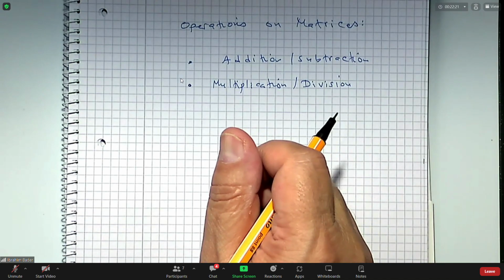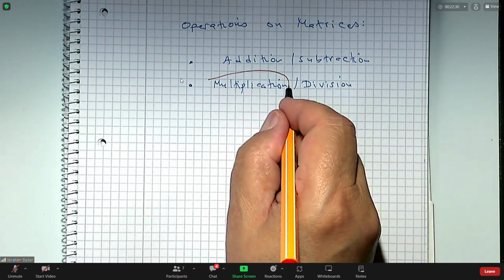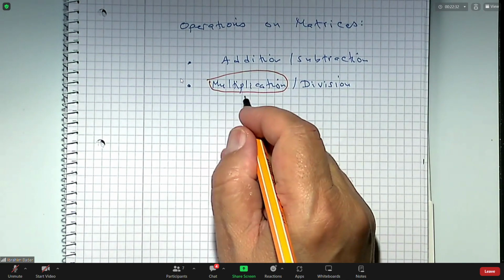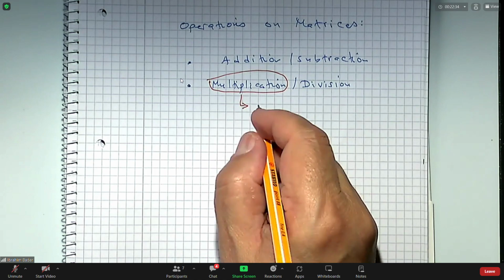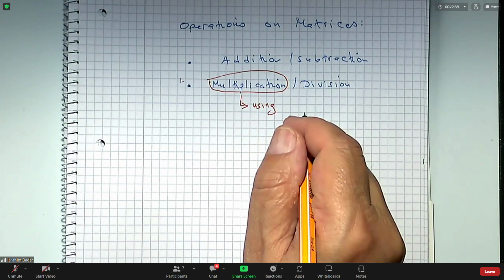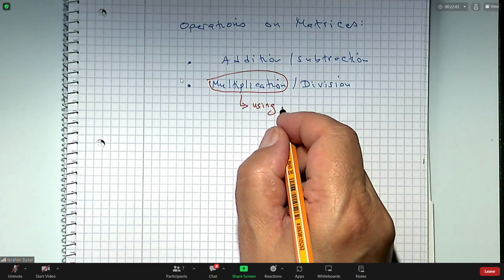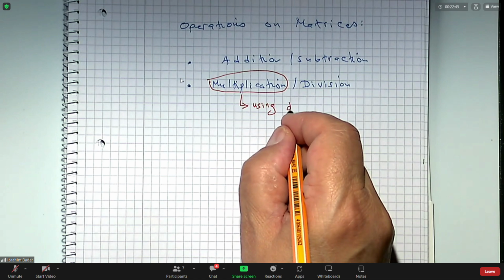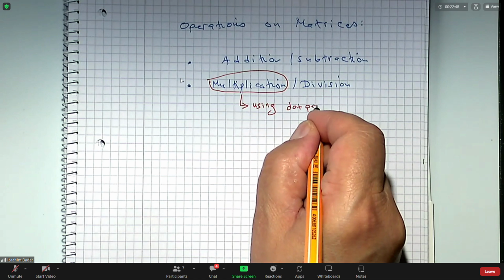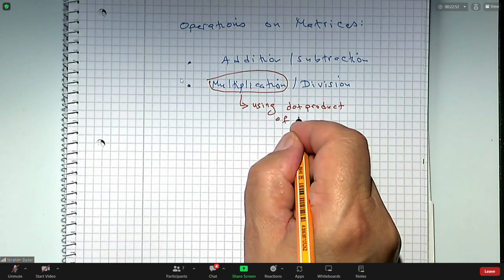For matrices, we will define multiplication today, and multiplication of matrices depends on the concept that we use for vectors, which is the dot product of vectors.